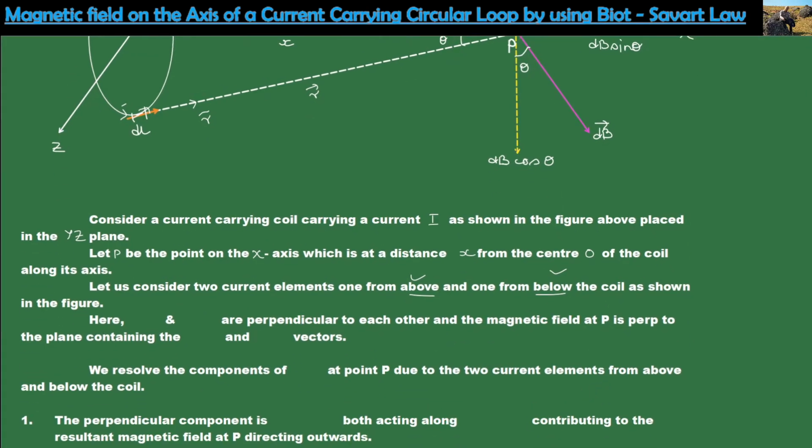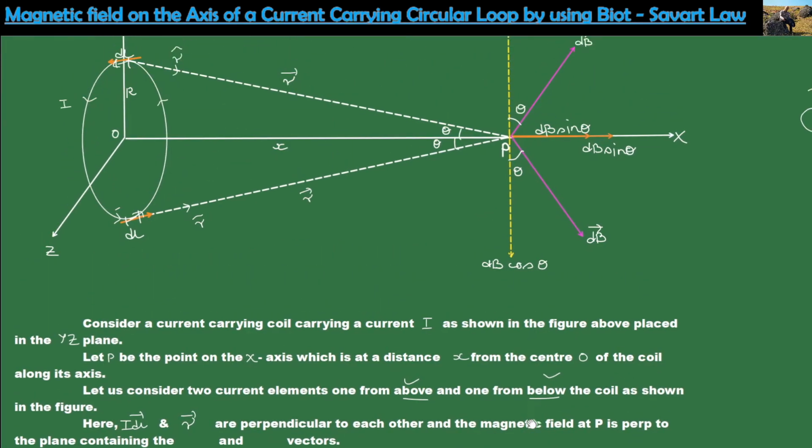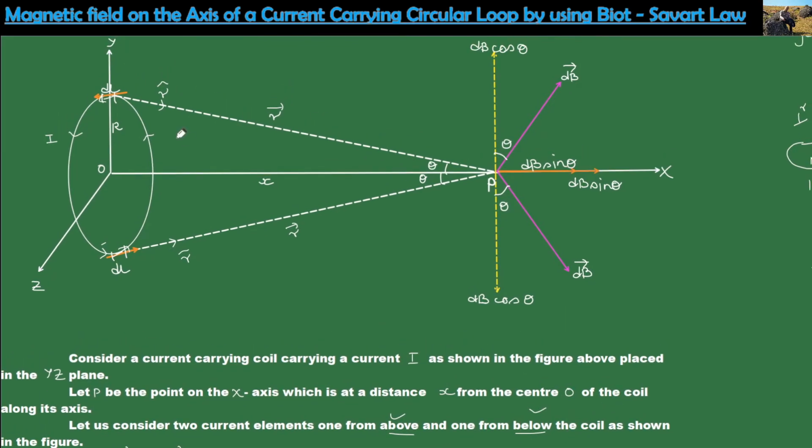From there, it is very obvious that the current element I dl and that radius vector are always perpendicular to each other, for both cases, both from the upper part and from the lower part.